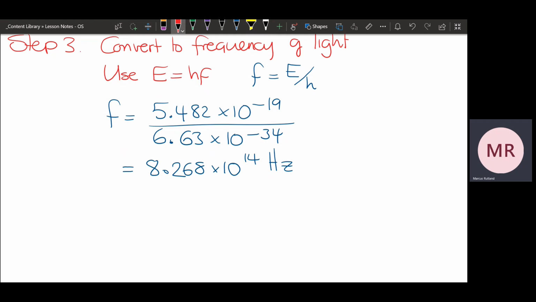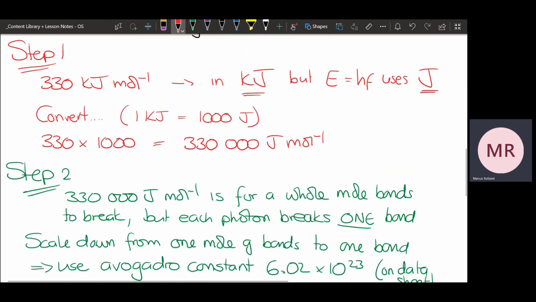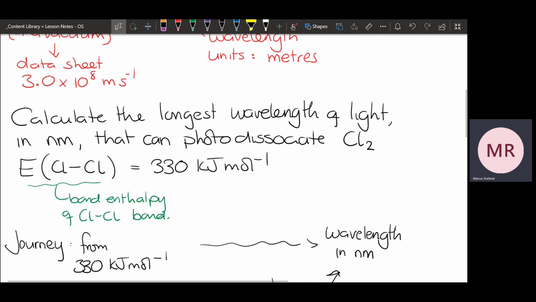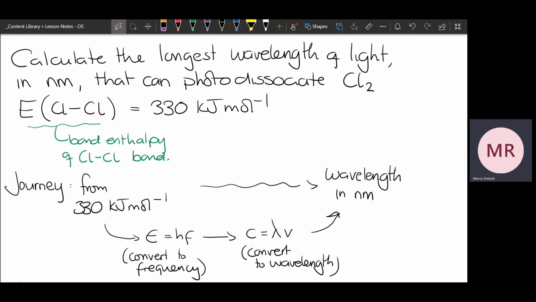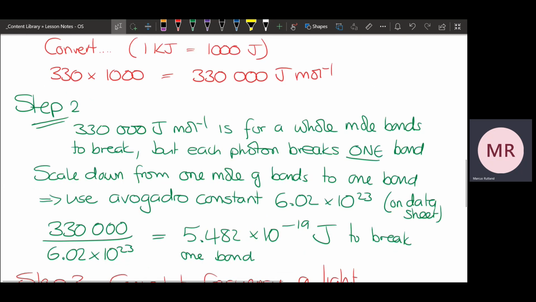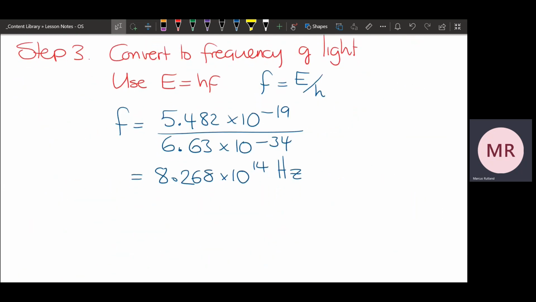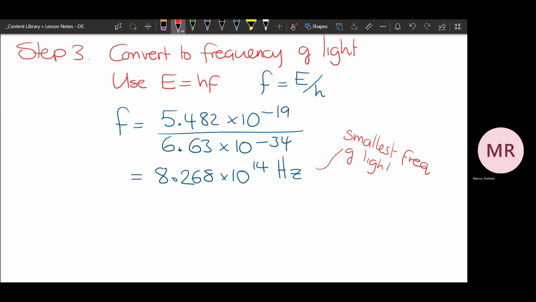Okay, have we answered the question yet? No, because the question was to calculate the longest wavelength of light in nanometers that can photodissociate Cl2. At the moment, we've calculated a frequency. So this is actually the smallest frequency of light that can photodissociate Cl2.